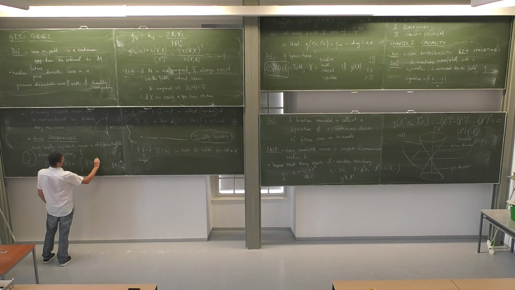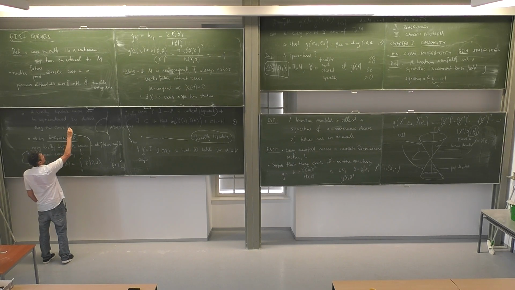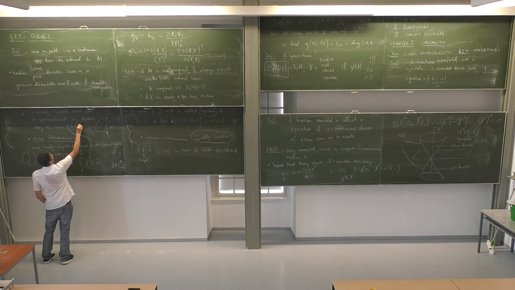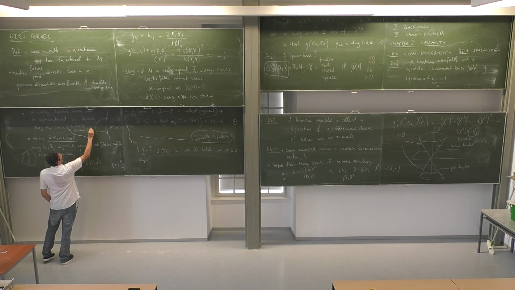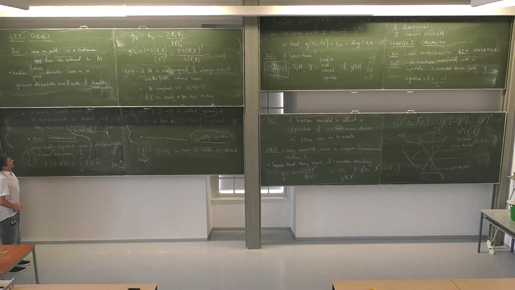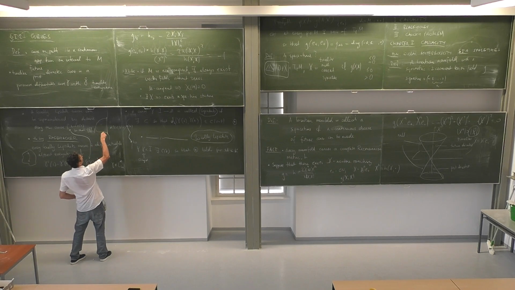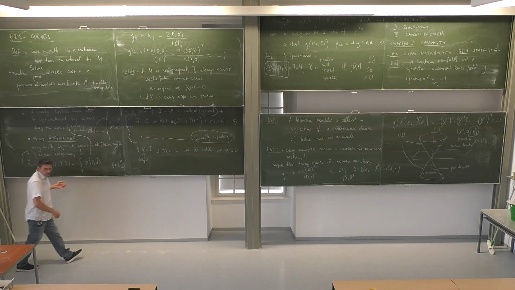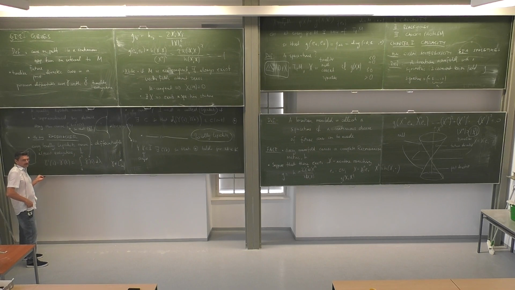So choose a parametrization so that gamma dot is 1. So in this sense, you're absolutely right that it could be longer than going from here to there, but you have good control over compact sets.